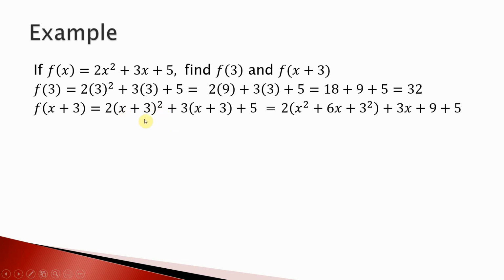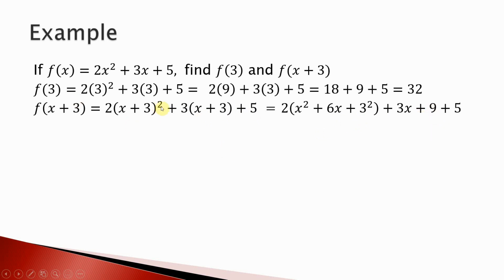So this is actually x plus 3 times x plus 3, so you have to either use the FOIL method and expand it, or you have to use the standard formula for expanding a plus b squared. So you have to remember that formula. So it will be x squared plus 2 times this, which is 6x, plus 3 squared. Okay, and here when you distribute this you get 3x plus 9 and plus 5.